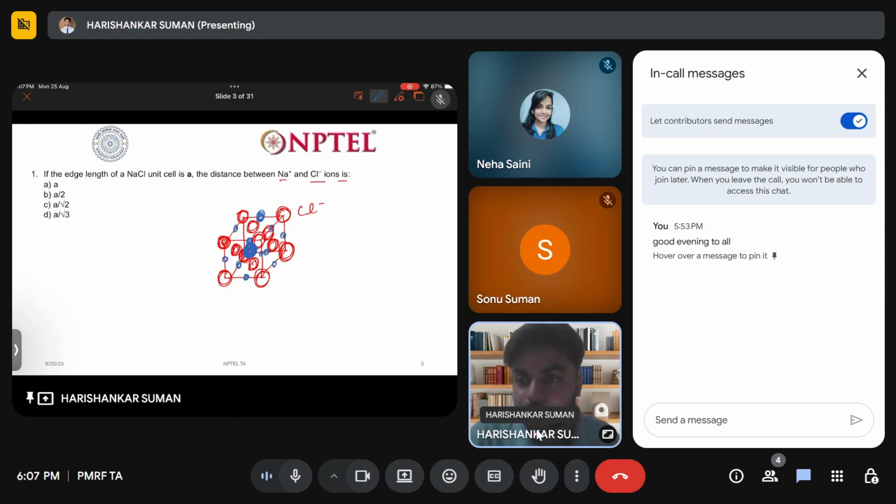So you have to find out, if the edge length of the unit cell is A, the distance between Na+ and Cl- ion.